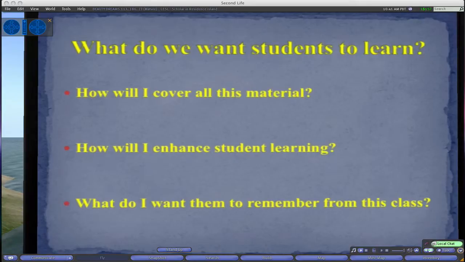And then also thinking about what I want them to remember from this class. Again, I think what students will take away from the class is what they can show in several different learning styles. So on the next slide, we're going to talk a little bit about learning styles and how students learn.